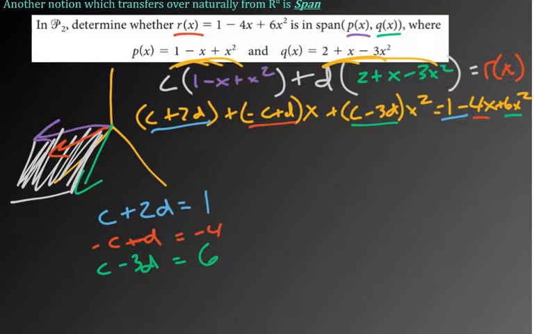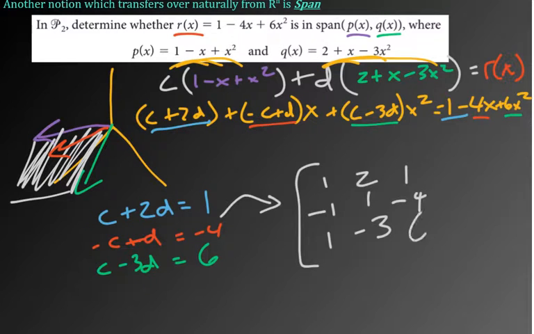And then we've done this kind of thing already before. Now we have a system of 3 linear equations, and we can make a matrix out of it and solve that matrix, literally. So we have 1, negative 1, 1, 2, 1, negative 3, 1, negative 4, 6.